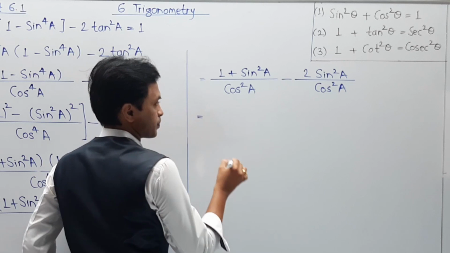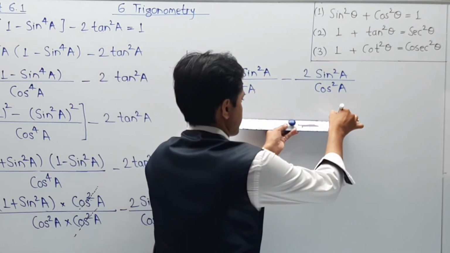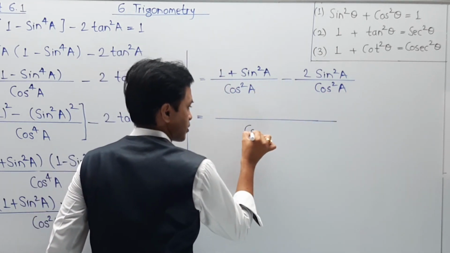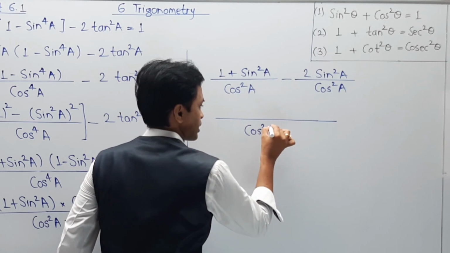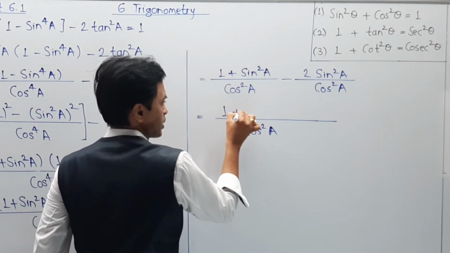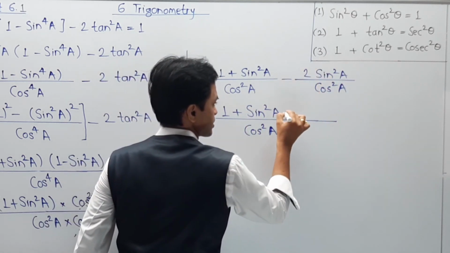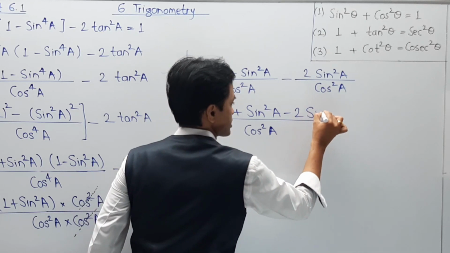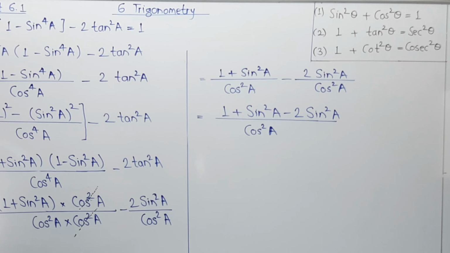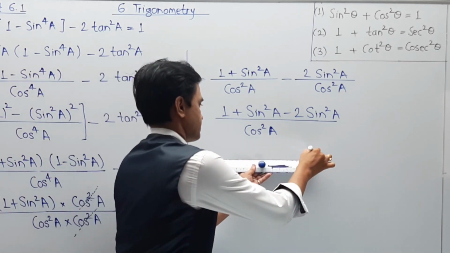So the next step is cos square a as the base, and the numerator is 1 plus sin square a minus 2 sin square a. Now you are very close to your answer.